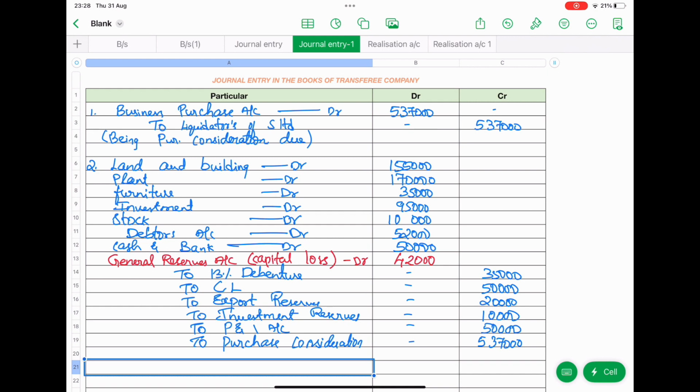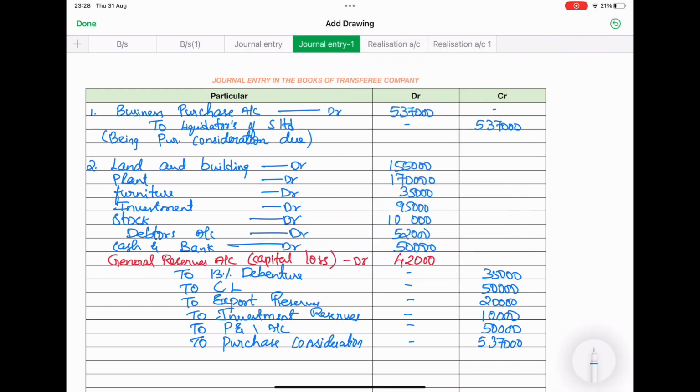So being will be incorporation of assets and liabilities, and even we have done for reserves, right?